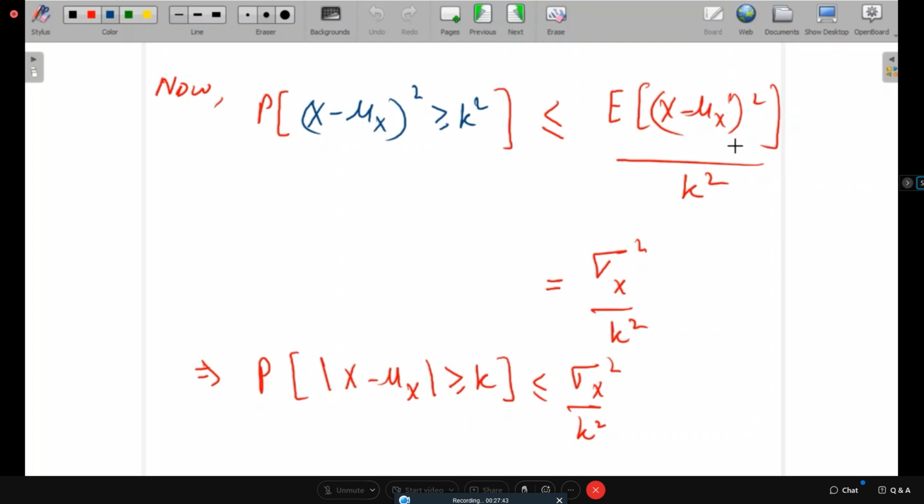And if you look at this closely, what is this? It is nothing but the variance. So this is sigma x square by k square. This is what we wanted to establish. It's a simple application of Markov's inequality. So this establishes Chebyshev's inequality.